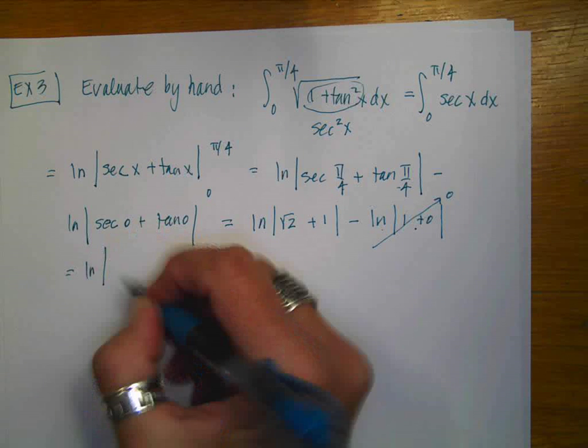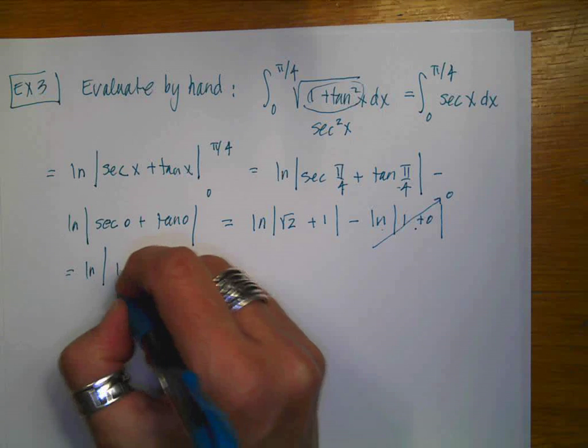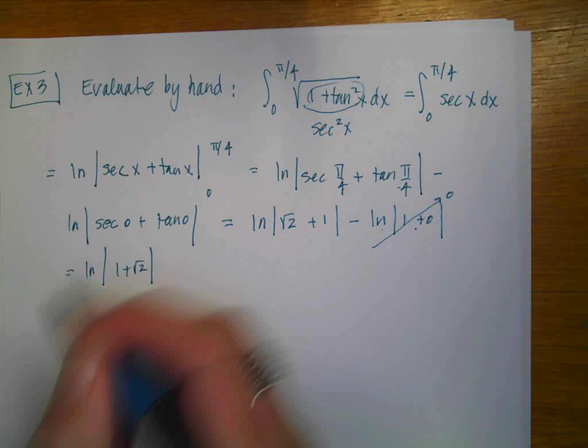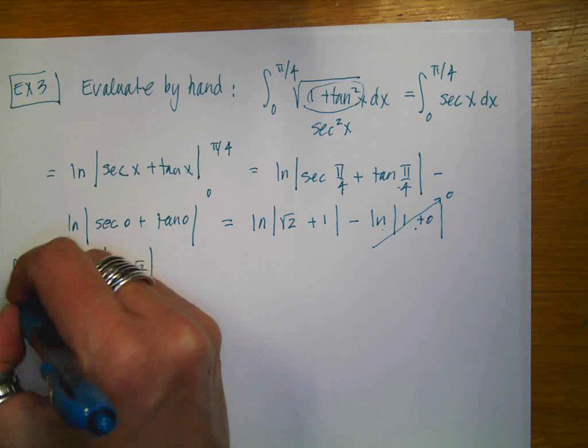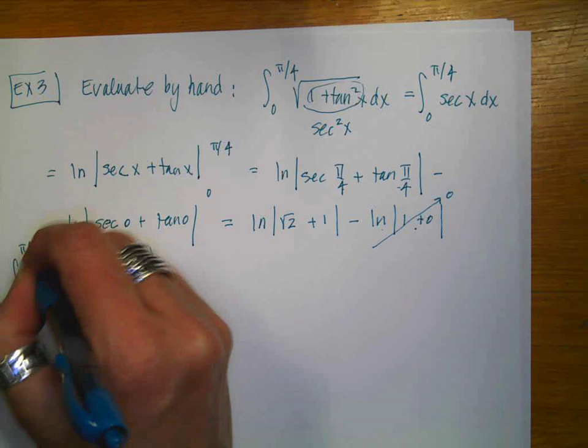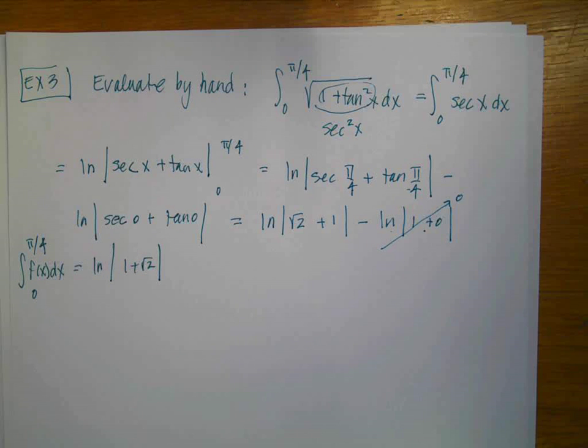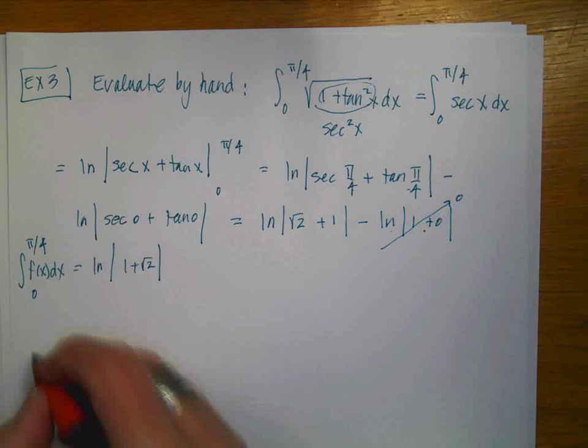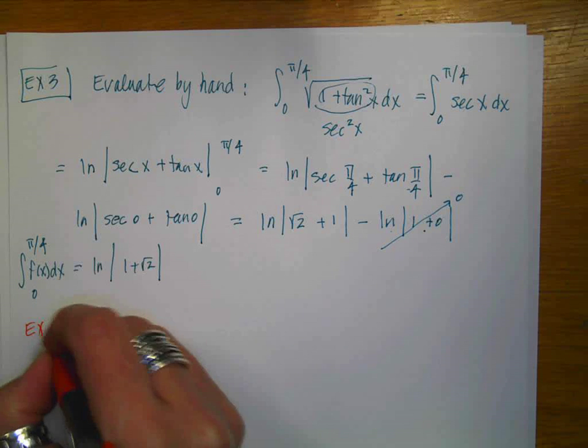So then my solution is going to be the natural log of 1 plus radical 2. And that would be my integral of f of x dx evaluated from 0 to pi over 4. So yay, trig.